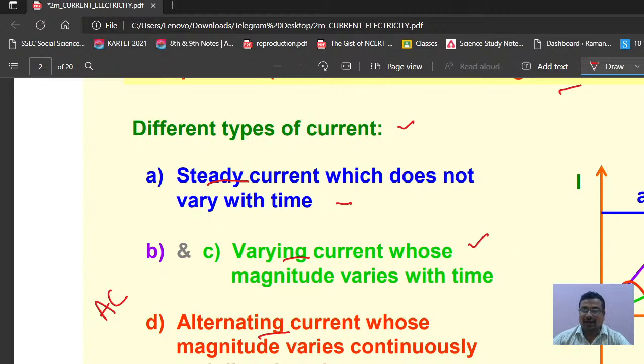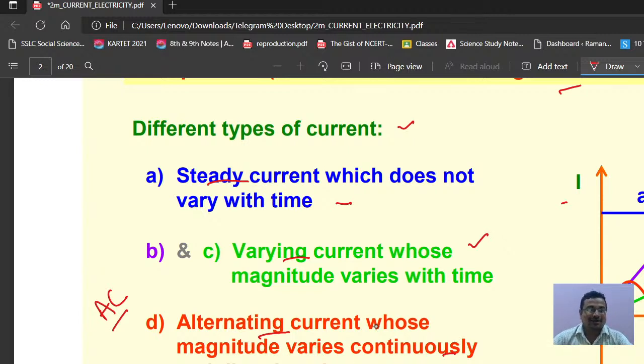So this is the sinusoidal wave. Here along the y-axis we take I, along the x-axis we take t. This sinusoidal wave is called alternating current. So alternating current is the current whose magnitude varies continuously and the direction is changed periodically.